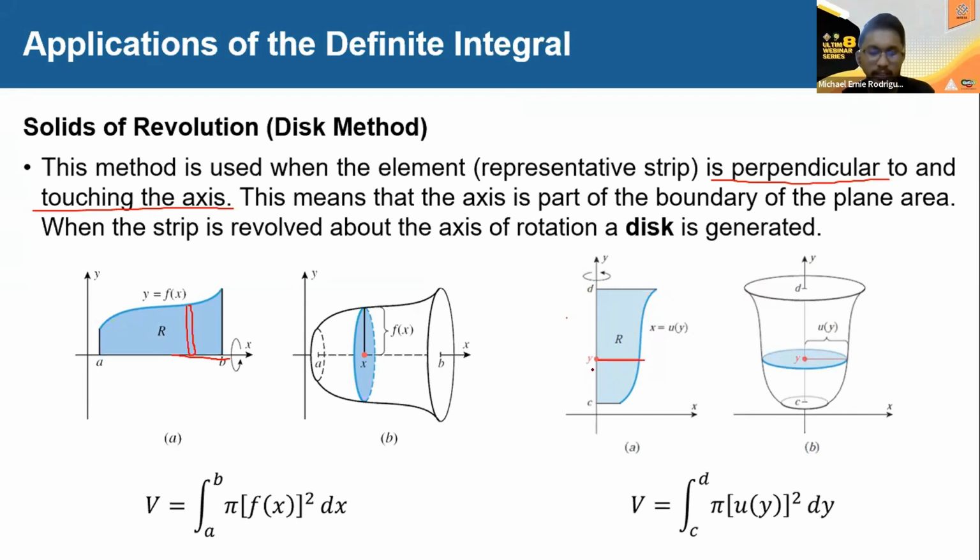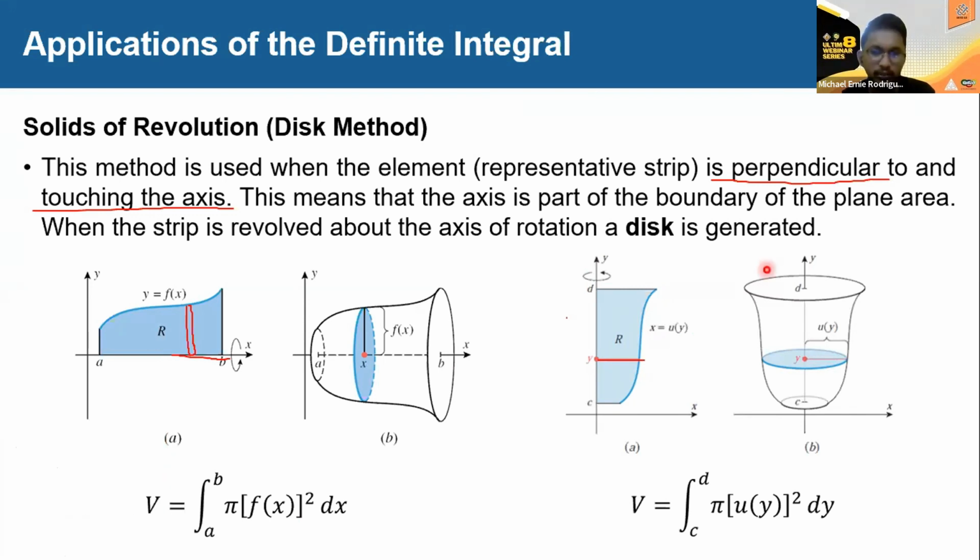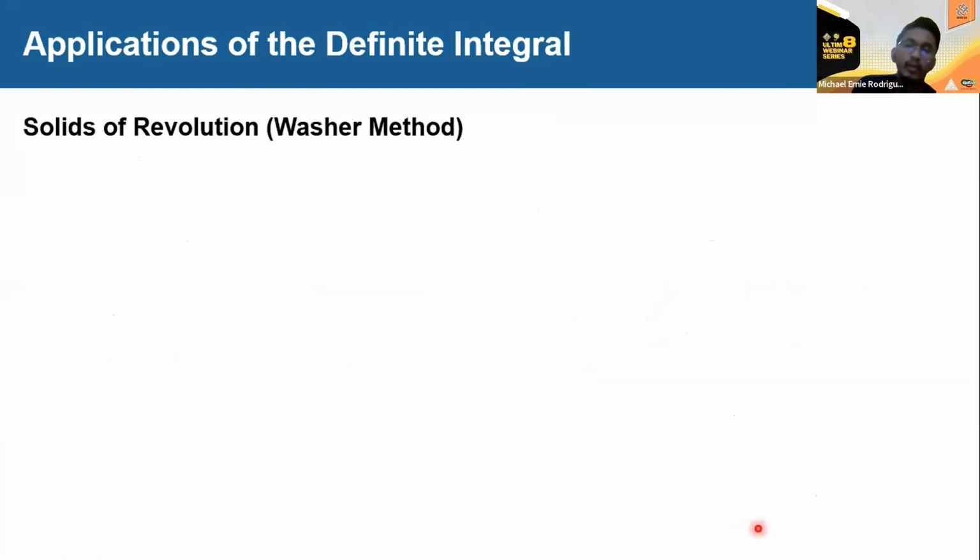Again, the strip is perpendicular to and touching the y-axis. Therefore, we generate a disk. This is how it looks. So we have V equal to the integral of pi times u of y squared dy with limits from c to d.